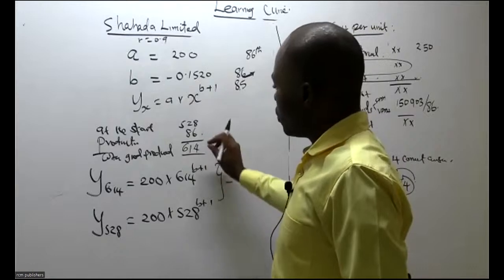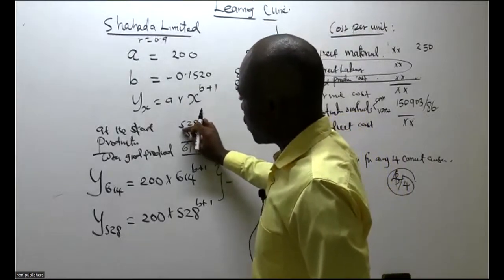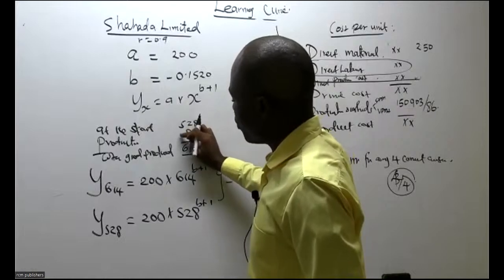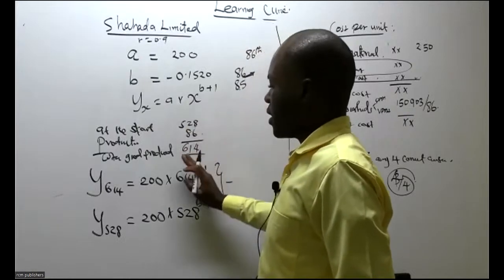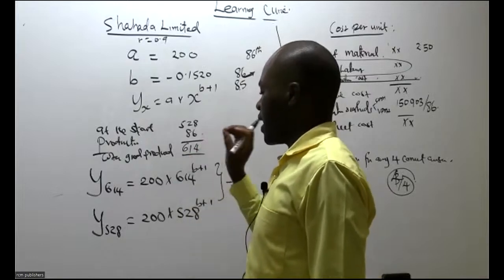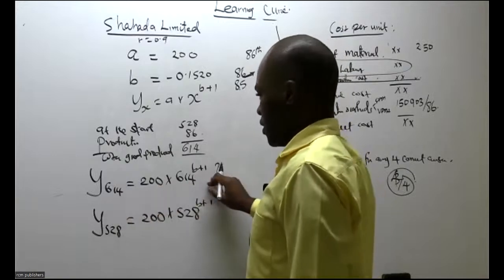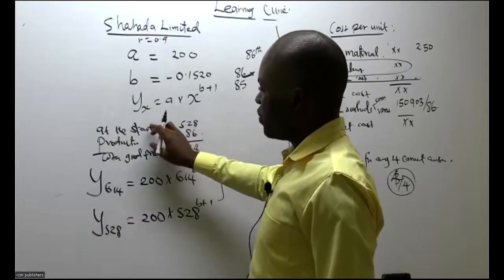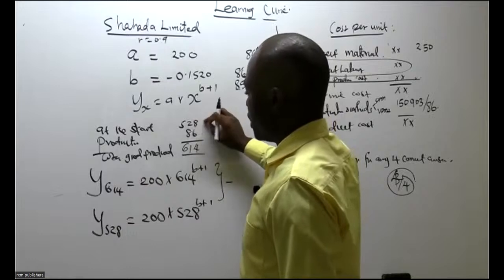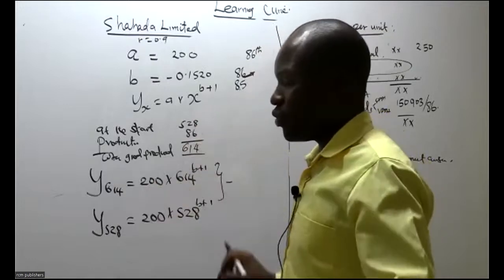Here, we want the total labor hours incurred to produce the 86 units. I take the total for 614, because they are still under the learning curve, then less the time taken to produce the first 528. The difference will be for producing the 86 units.